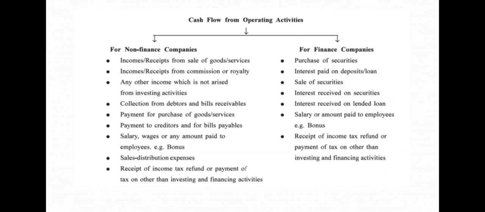For non-finance companies, the operating activities are income or receipt from goods or services, commission or royalty, any other income which does not arise from investing activities, collection from debtors and bills receivable, payment for purchase of goods and services, payment to creditors and for bills payable, salary, wages, or any amount paid to employees, for example bonus, sales or distribution expense, receipt of income tax refund, or payment of tax other than on investing and financing activities.